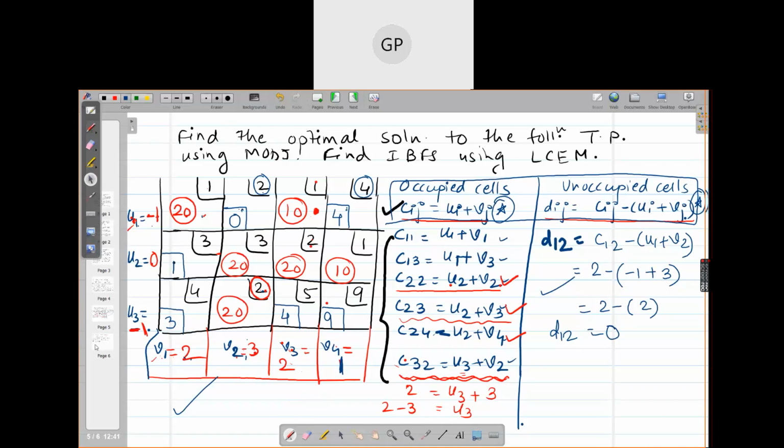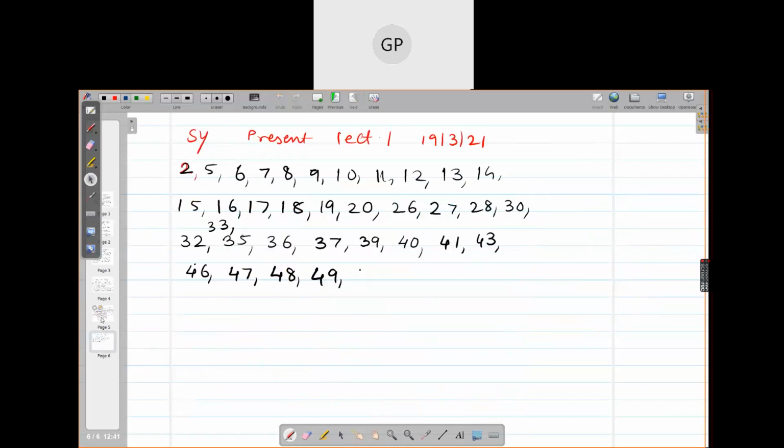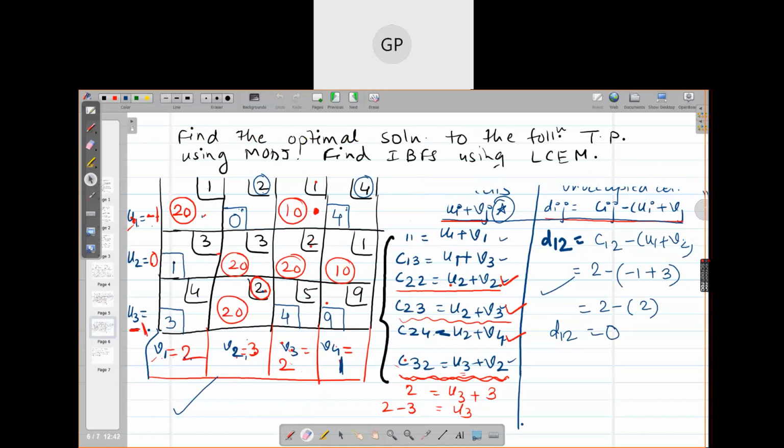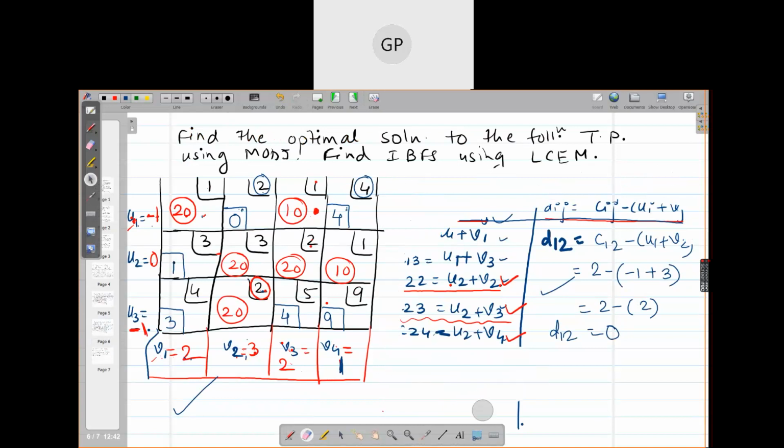Now I am just copying this page. Now I am erasing this part. What do you observe here? Is there any Dij negative?